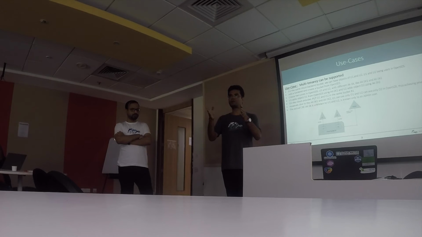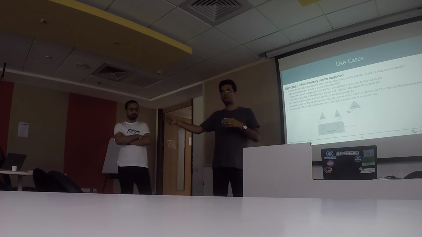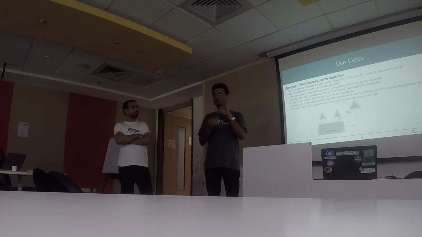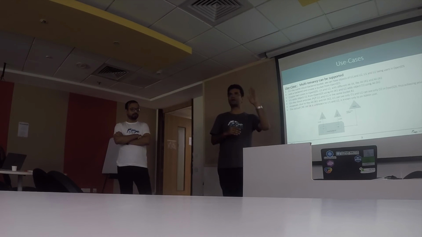There is a single bucket. Whatever objects I am putting, those should not be visible or accessible to him, right? That is where AKSK comes in. We talked about that: it is a wrapper over the native cloud AKSK.